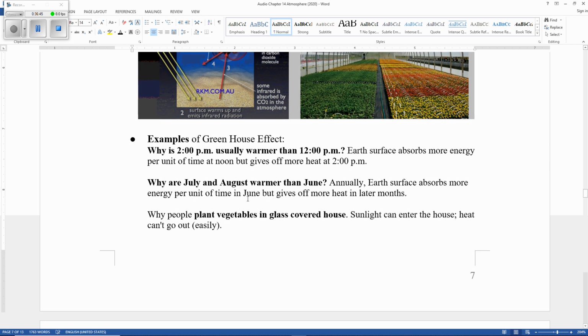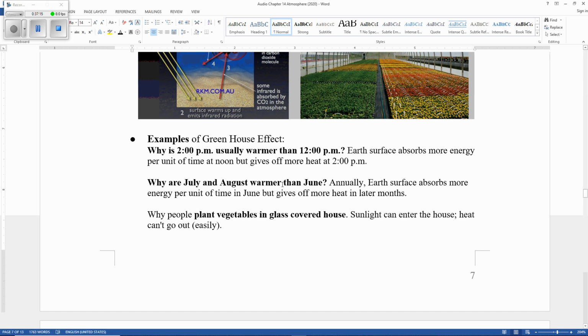Now for the yearly cycle, why are July and August warmer than June? Annually, June is the time the Earth receives the most energy, because sunlight goes straight to the Earth's surface, not from an angle, but more straight like this.